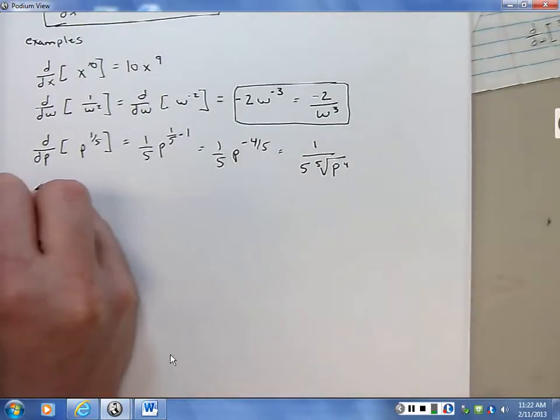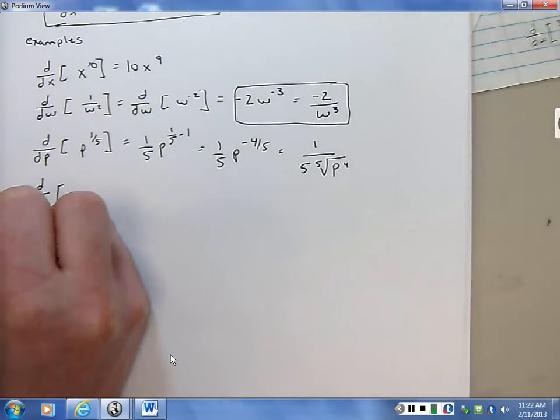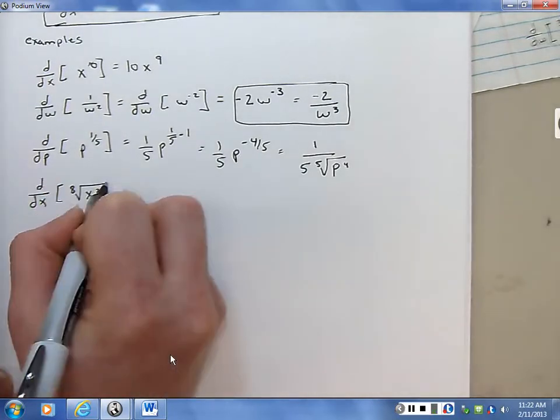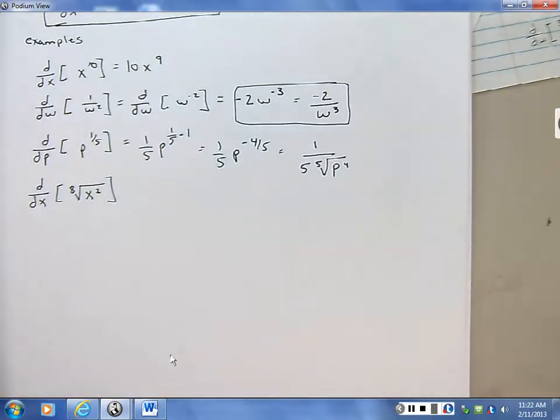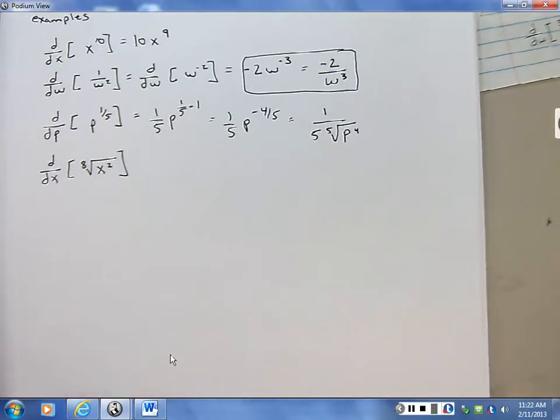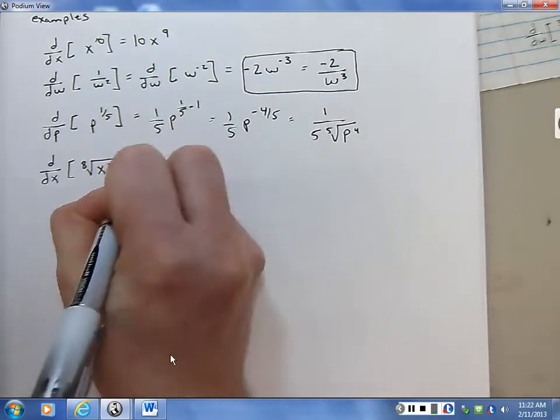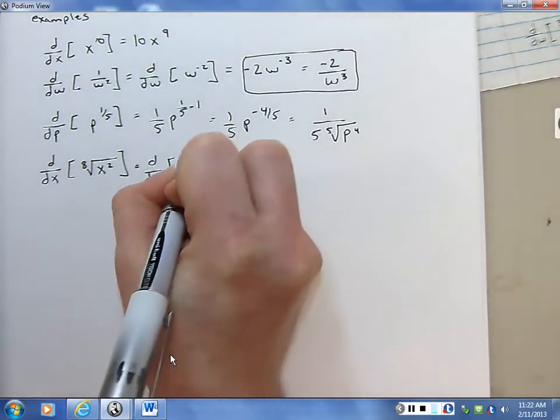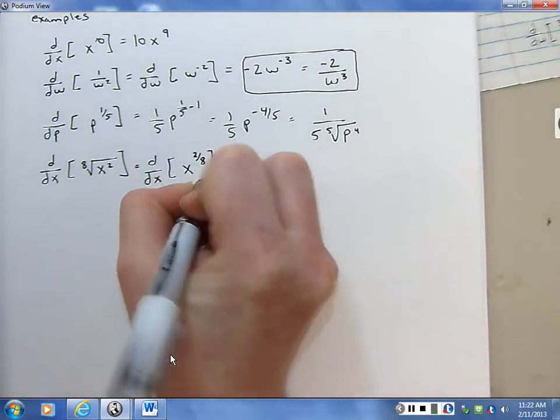So let's say the derivative with respect to x of the 8th root of x squared. I really want to write this as a power. So how could I write it? I could write it as x to the 2 over 8. Right?